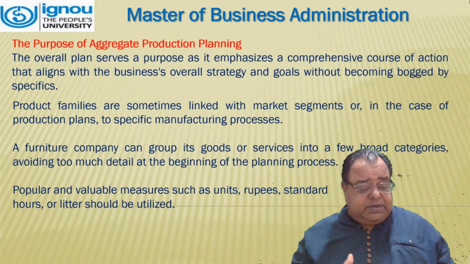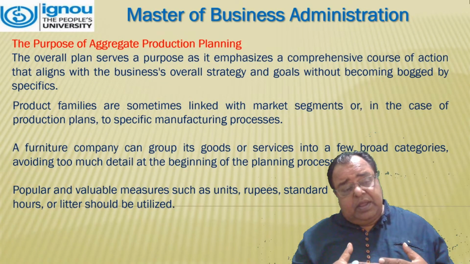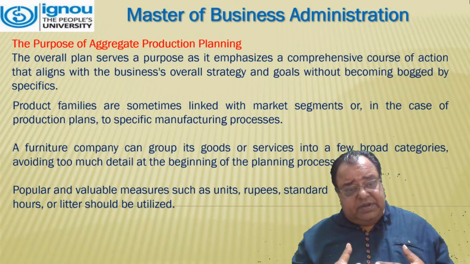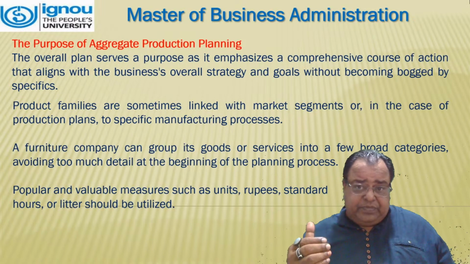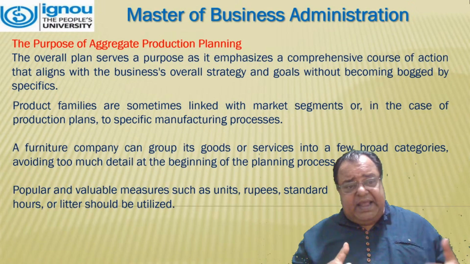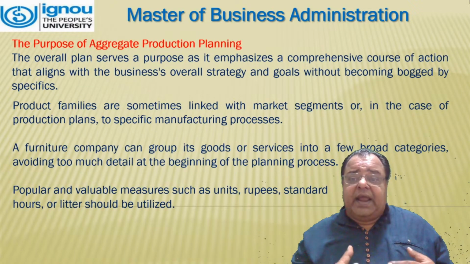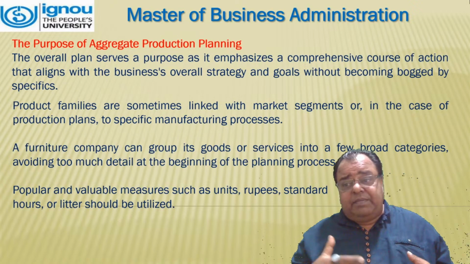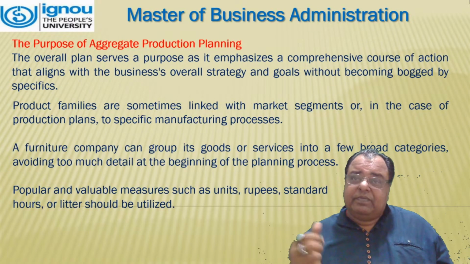What is the purpose of aggregate production planning? The overall plan serves a purpose that emphasizes a comprehensive course of action that aligns with the business's overall strategy and does not get blocked by specifics.